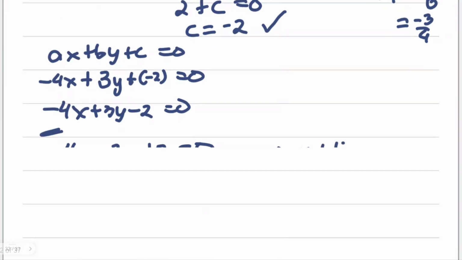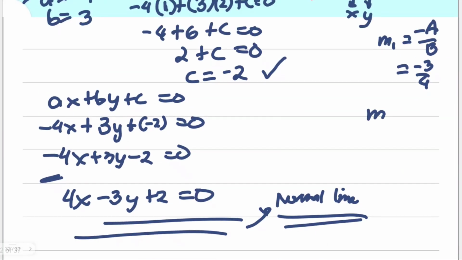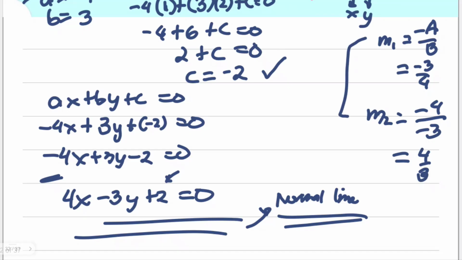And for your m sub 2, you have here negative 4 over negative 3, which is actually 4/3. And the relationship for them to be perpendicular, and we know that to be true, is that it's actually a negative reciprocal. So negative for this, and then reciprocate, so we'll get the same slope. So that's actually correct.